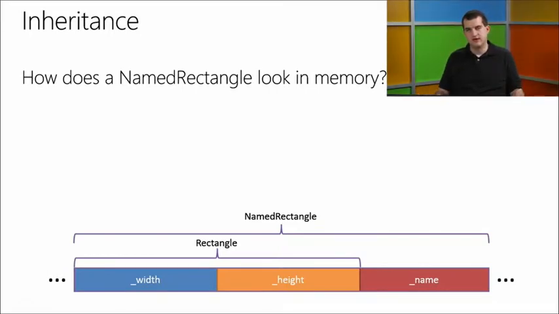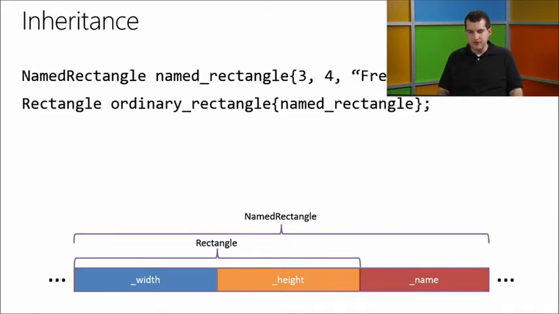So when you bind a rectangle reference to a named rectangle, it's actually just binding to that blue and that orange piece. It's binding to that rectangle piece of it. In order to use the named rectangle, you have to have a named rectangle expression or a reference to one or an object. As we saw in the example, it's possible to take a named rectangle and use it to initialize, or assign it to, just a regular rectangle object.